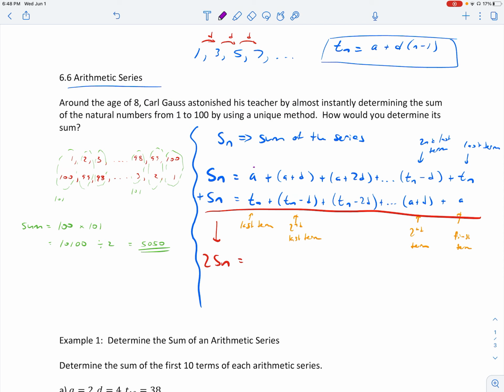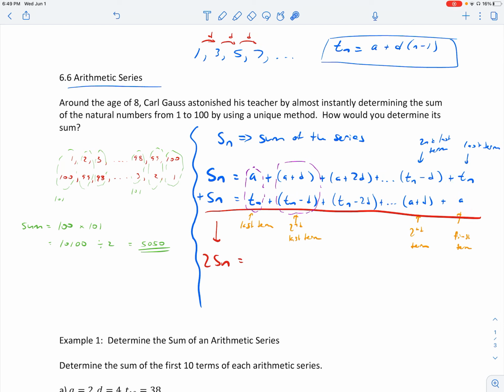Notice that all of these add up to a plus Tn. So when I add these here, d minus d cancels out, and I'm left with just a plus Tn. So when I take this plus this, the d's cancel, and I have a plus Tn, just like I have right here. It also happens again here. The 2d cancels out with the negative 2d, and I'm left with a plus Tn again. And then same with here, negative d plus d cancels, and then this last one is also a plus Tn.